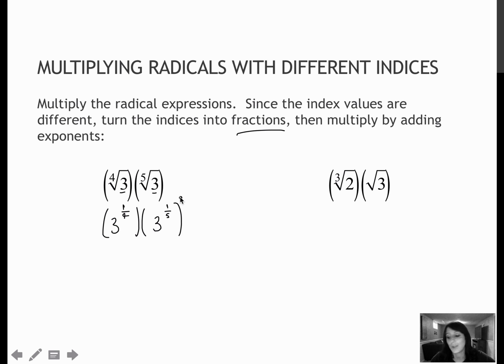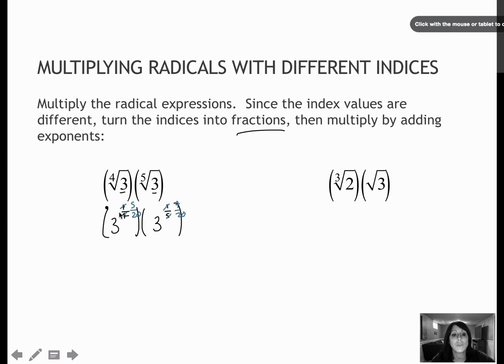And working with fractions, you would have to have a common denominator. So I would look at 4 and 5 and find the least common denominator, which is 20, and I would multiply by 5 here to make that 5/20ths, and I would multiply by 4 here to make that 4/20ths.